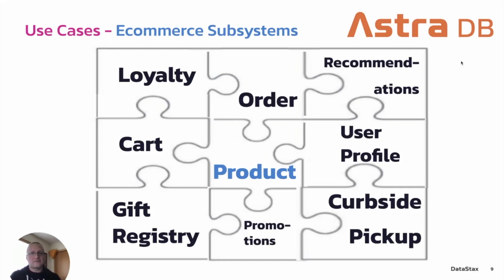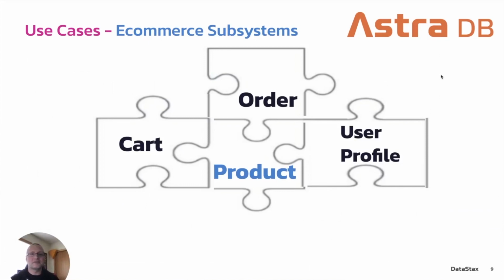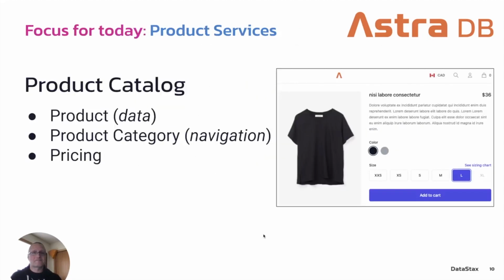So the four main components that we're going to go over in this series are, obviously, a shopping cart, an ordering system, a user profile, and then the product subsystem, which is what we'll be building today. As far as the product services go, there are three that we're going to work through today.